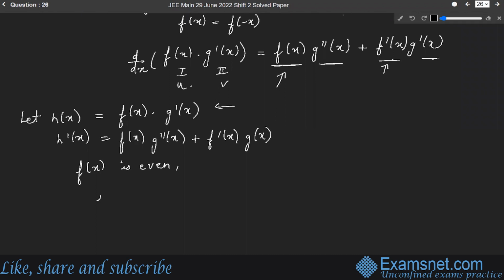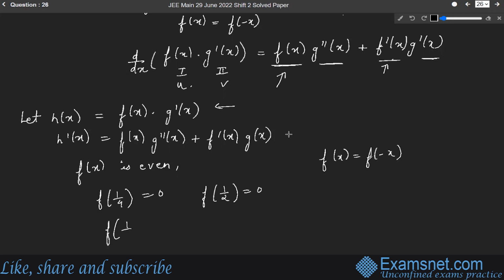At the values f of 1 by 4 is equal to 0 and f of 1 by 2 is equal to 0. But we know that if a function is even, then f of x will be equal to f of minus x. It means that f of 1 by 4 will be equal to f of minus 1 by 4 and f of 1 by 2 will be equal to f of minus 1 by 2, right?